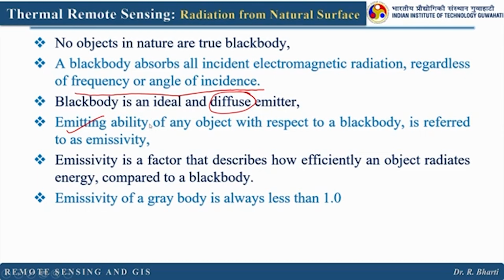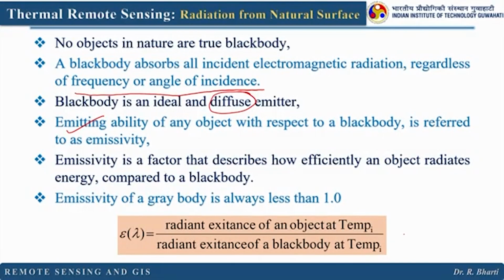So again, if you just remember reflectance, where we have the range of 0 to 1, again when we are talking about emissivity, the range is 0 to 1, because we are dealing with gray bodies, not the black body.